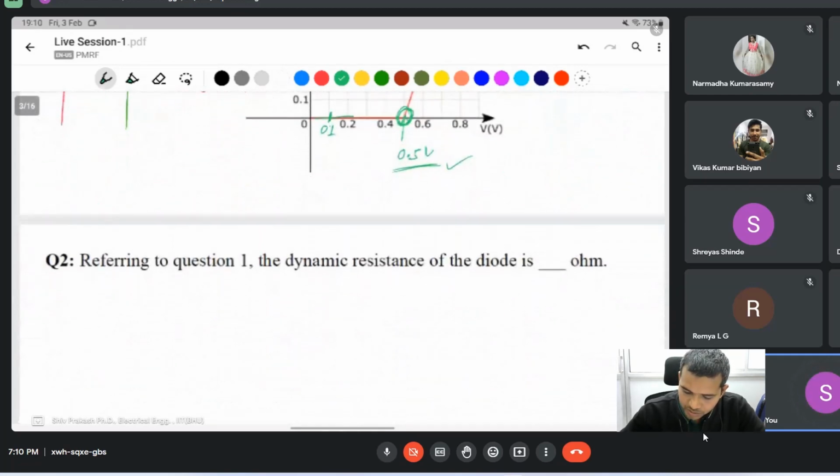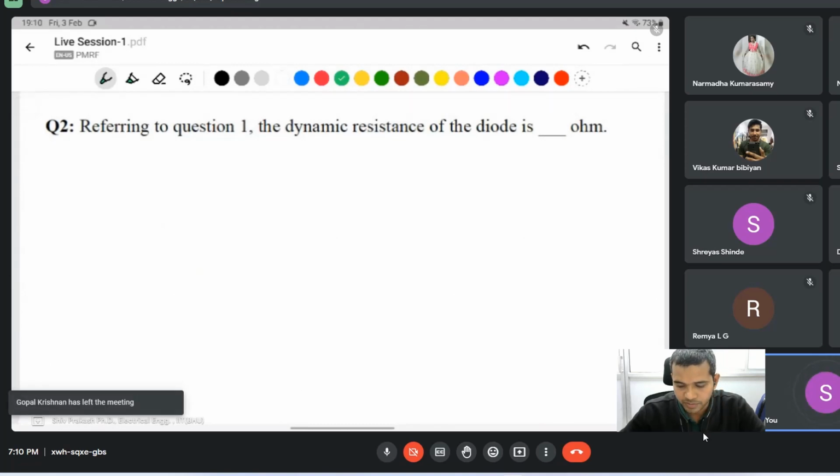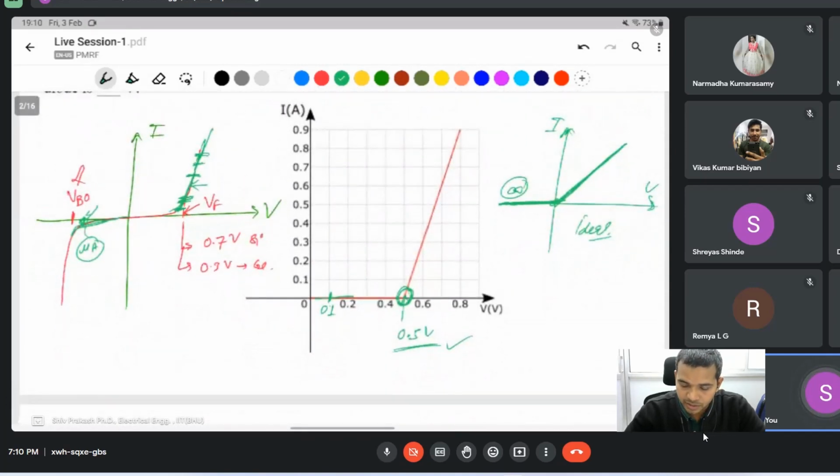Let's take the second question: the dynamic resistance of the diode. Dynamic resistance means the slope of the characteristic, current and voltage. You know about the slope: delta V changes with delta I. Dynamic resistance means delta V by delta I. You can take the linear portion anywhere.